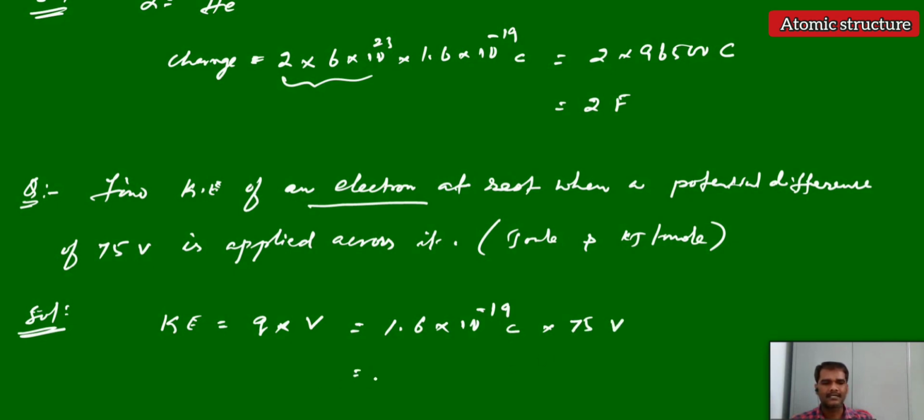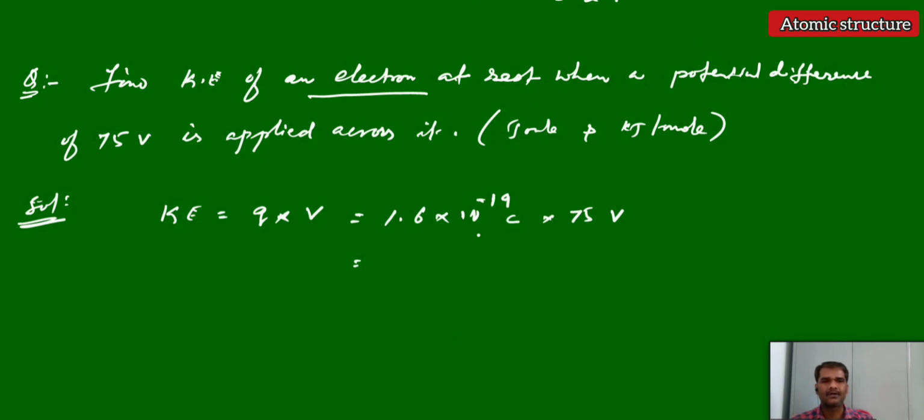They are asking in joules, so coulomb volt is nothing but joule. 1.6 into 10 power minus 19 into 75, you should multiply this. How much? 120, so 120 into 10 power minus 19 joules.